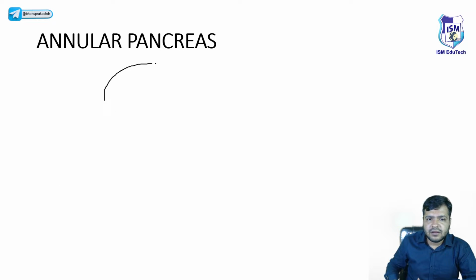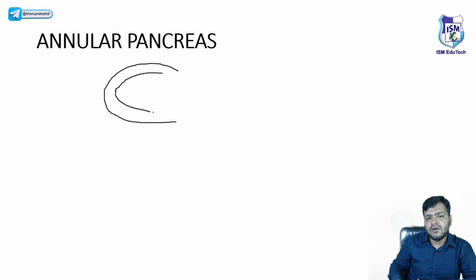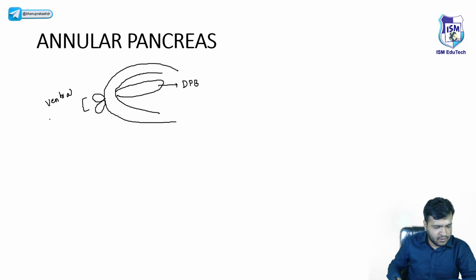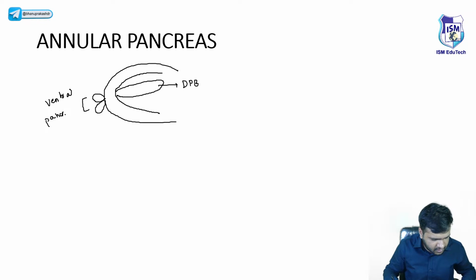Now you already know that this is the loop of the duodenum, and this is the dorsal pancreatic bud, and we have the ventral pancreatic bud, which are two in number. Ventral pancreatic bud.